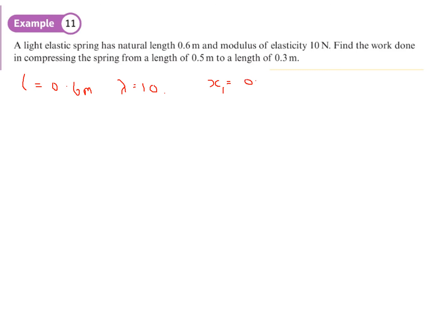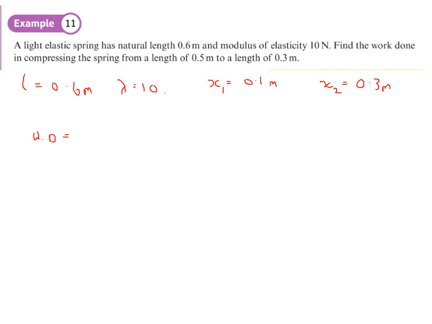So the extension, in fact the compression in this case, is 0.1 meters. And we could have the compression at the second place, where it's compressed to 0.3, would be 0.3 meters. So what we're going to do is work out the work done to compress it from 0.1 to 0.3.